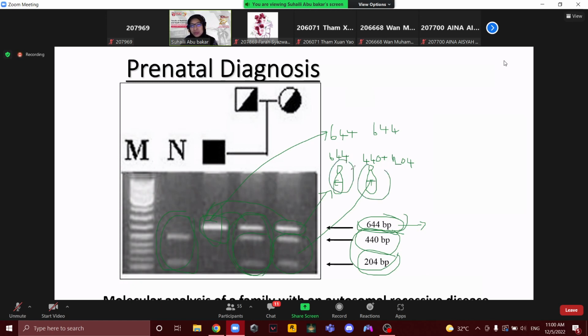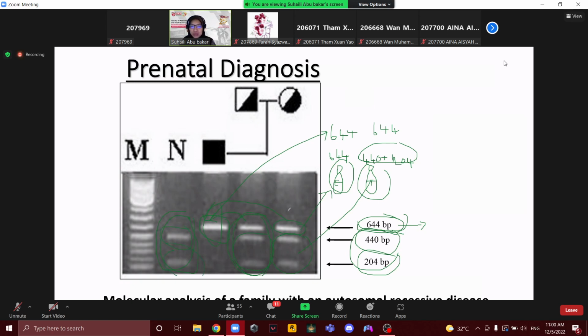This is the chromosome. One of the chromosomes carries this version too. One of the chromosomes carries this version too. Homo. He is hetero because he has 644 and 440, 204. It's not hetero just because of these two bands.